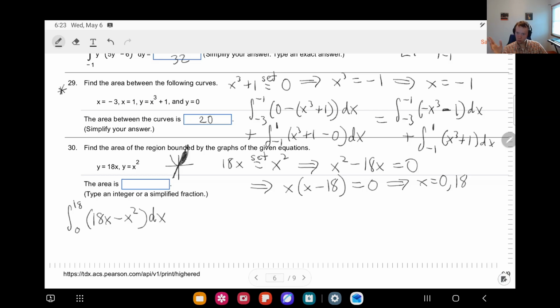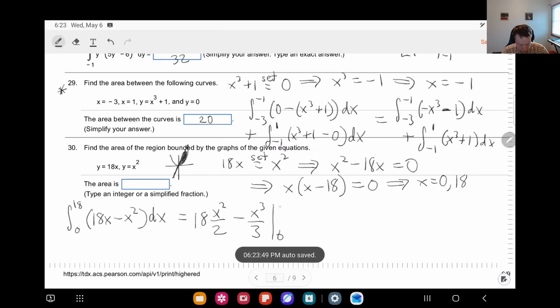And now we're just ready to solve. Right? So antiderivative, that's 18 x squared divided by 2, x cubed divided by 3, from 0 to 18. So why don't I simplify this part right now while we're here?